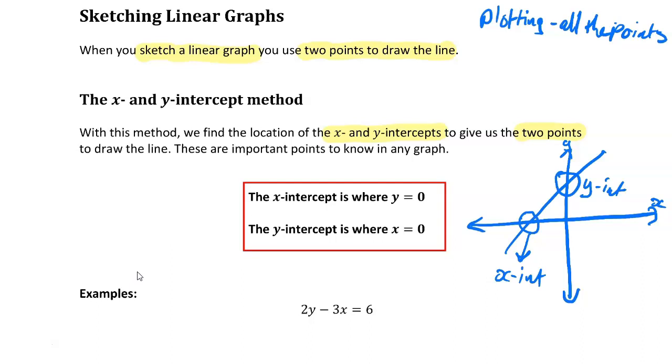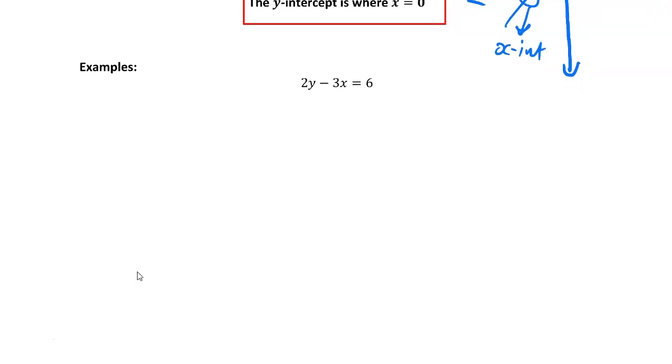Okay, so let's do some examples. So I've got 2y minus 3x equals 6. All right, so let's find our intercepts. So I'm going to make x equal to 0. So I'm going to sub that into the equation. So 2y minus 3x.